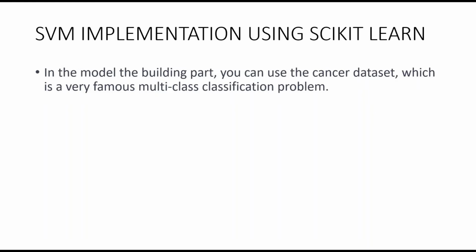Here you can build a model to classify the type of cancer. The dataset is available in the scikit-learn library, or you can also download it from the UCI machine learning library. So let's discuss the implementation and the Python coding using the scikit-learn library.